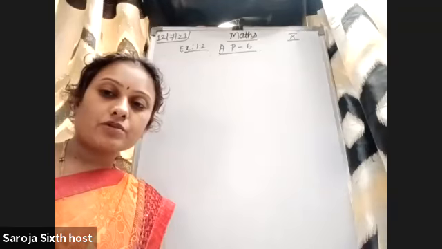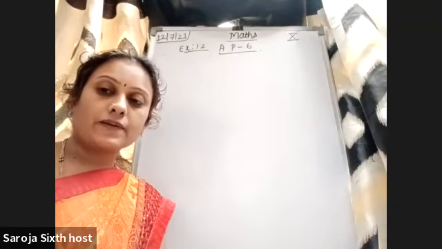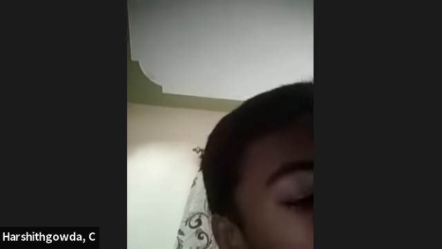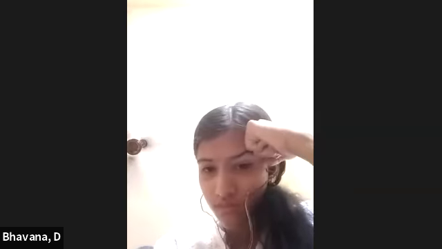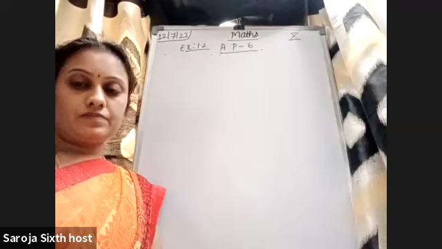It will come, ma'am. What I asked you is the question: what is the given thing? Ma'am, they have given the third and ninth terms of an AP as 4 and minus 8, ma'am. Yes. So Bhargav, how can we write that?